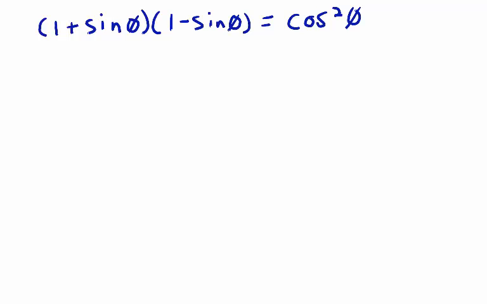In general, when we're establishing an identity, we start with the more complicated side of our expression. So we're going to work the left-hand side and try to get it to match the right. I'll start by foiling the left side of our equation.